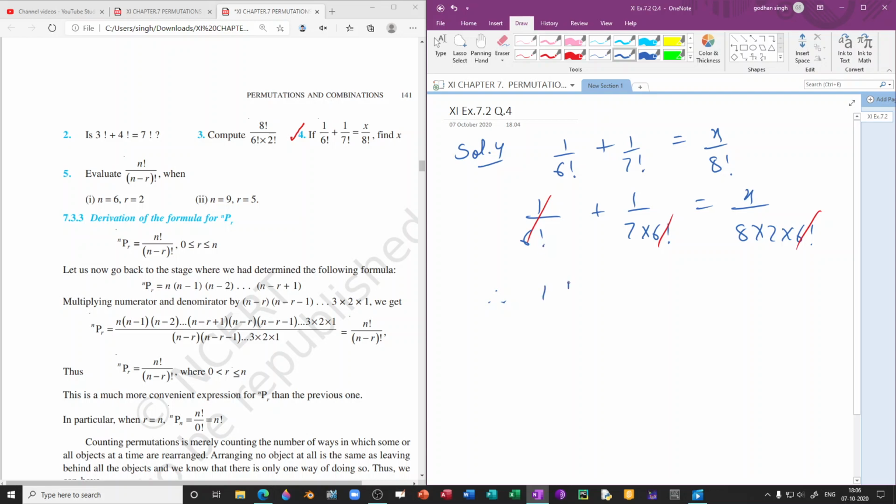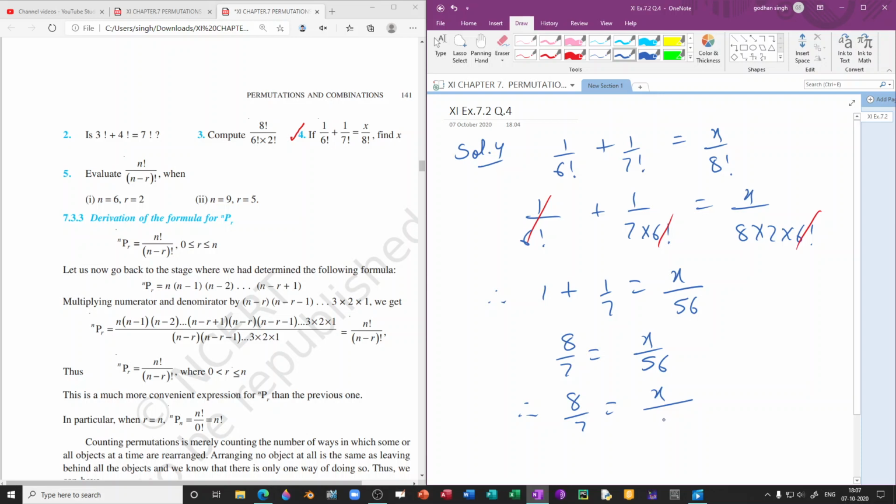What we are getting here is 1 plus 1 by 7 equals x over 7 into 8, that is 56. Adding this up, 7 plus 1 is 8, so 8 by 7 can be written as x by 56. Therefore 8 by 7 equals x by 56.